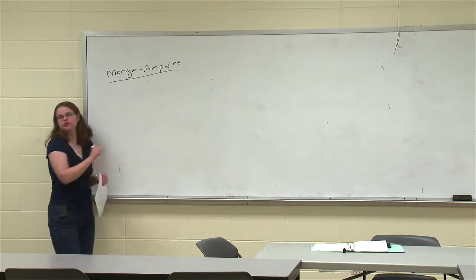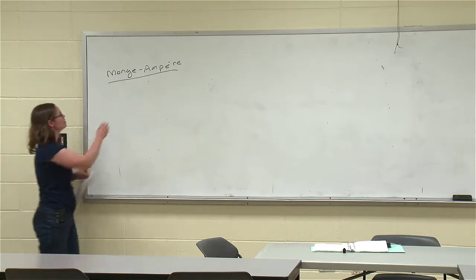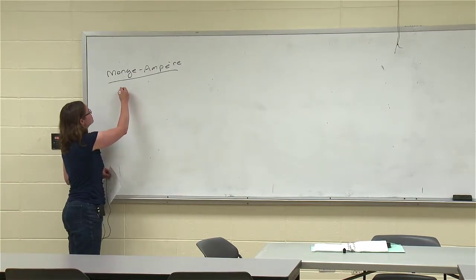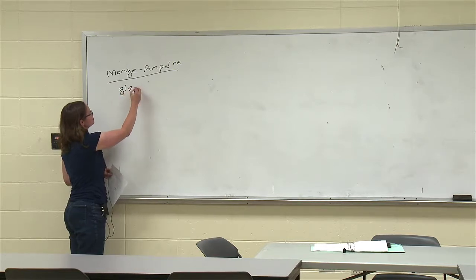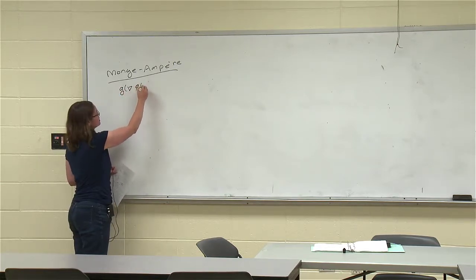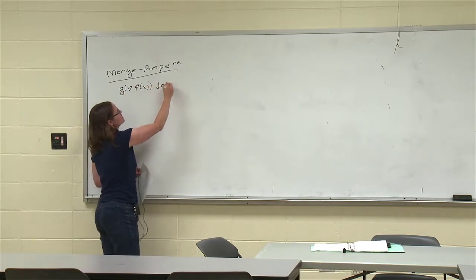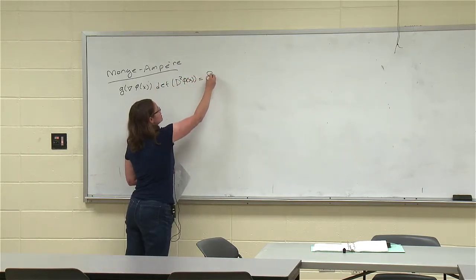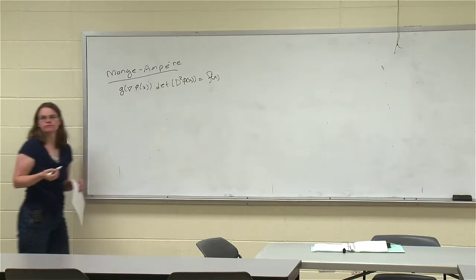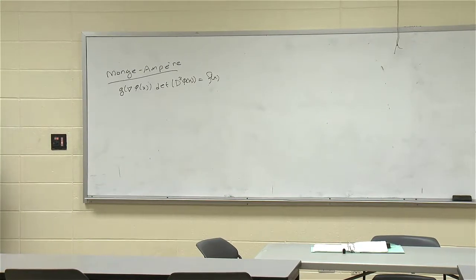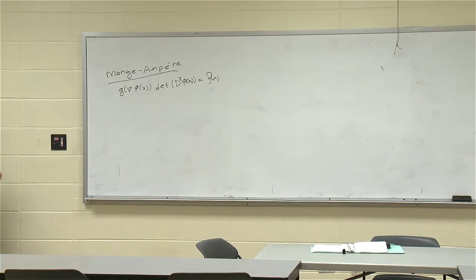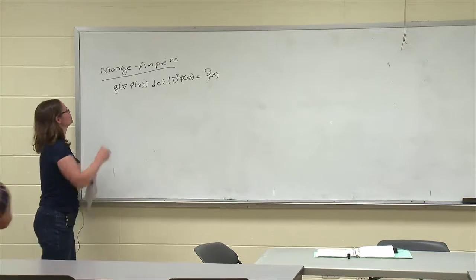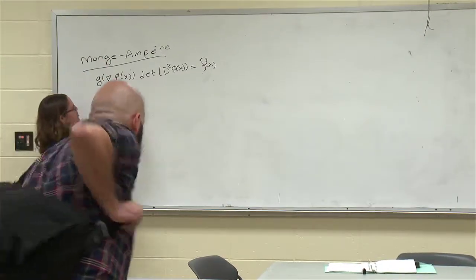Okay, so the PDE, which we've written down a couple times already this semester, is that g of the gradient of phi of x times the determinant of the Hessian of phi is equal to f of x. And our expectation is that the solution we're looking for, phi, should be a convex function.